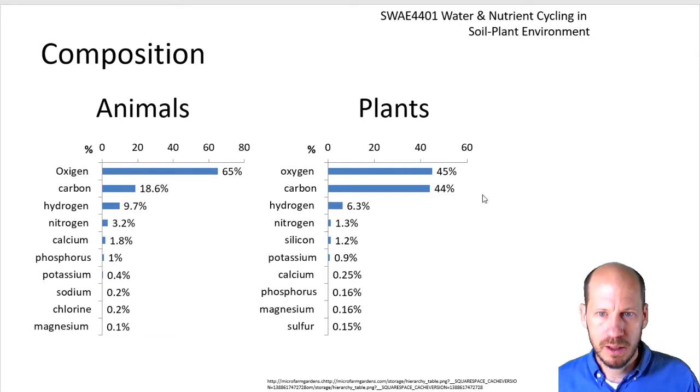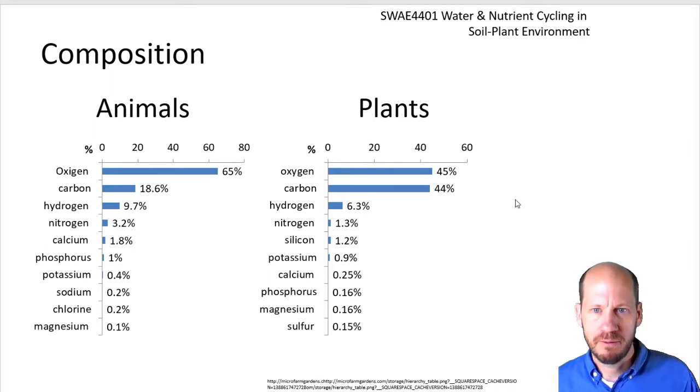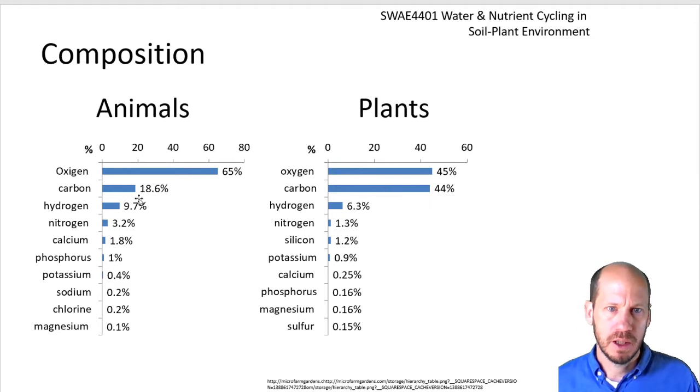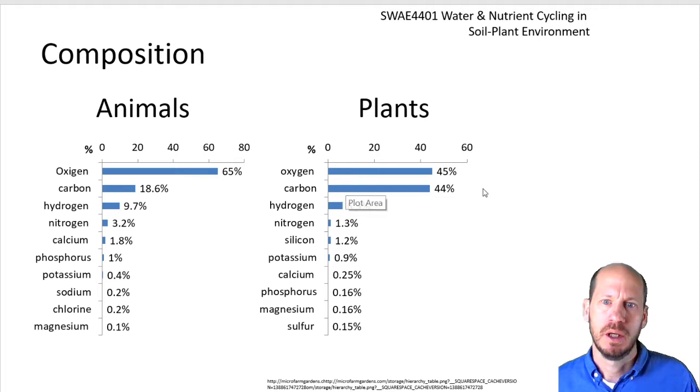This is because plants will have a lot more fibrous materials, carbon-based materials, whereas animals will be based more in proteins. So because of that, animals will have less carbon in their composition than the plants.